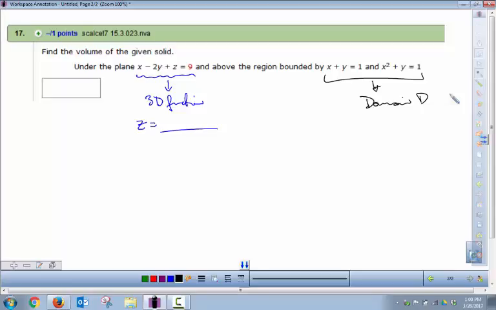This domain is what you're going to draw in two dimensions. So we have z equals 9 minus x plus 2y. That's your integrand, what goes inside the double integral. Figuring out your domain will help us figure out what our limits are.